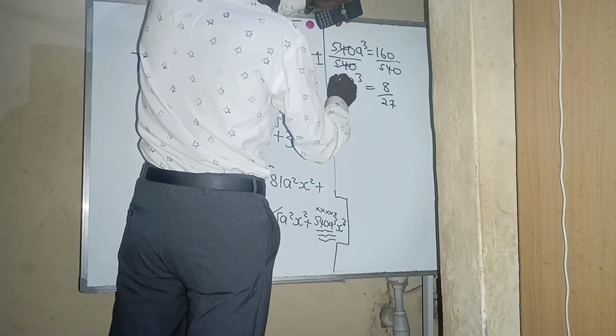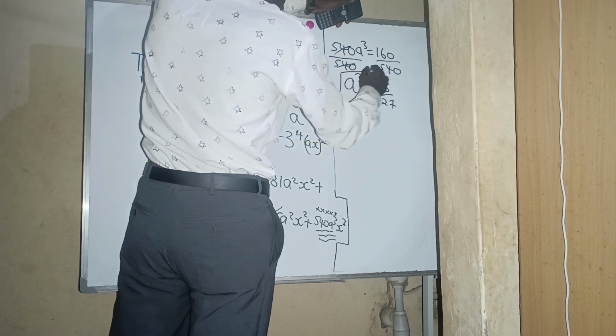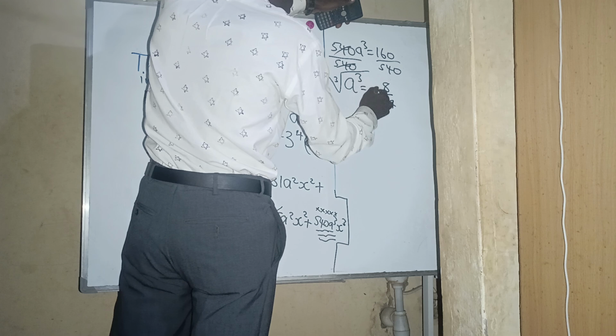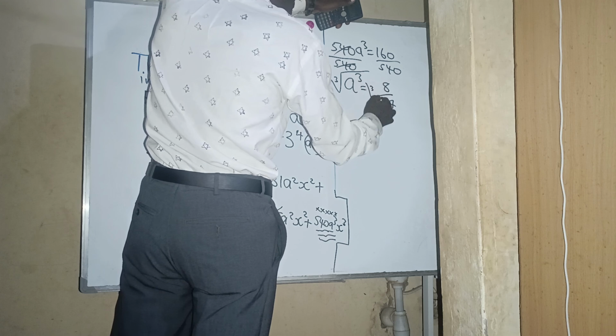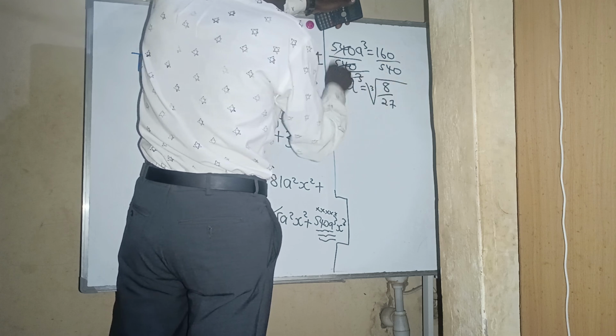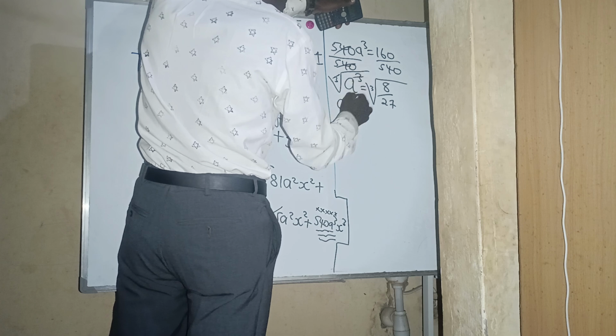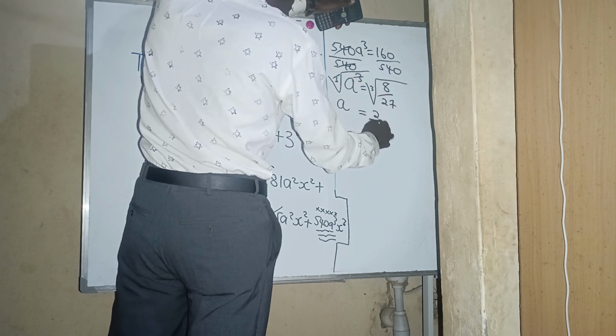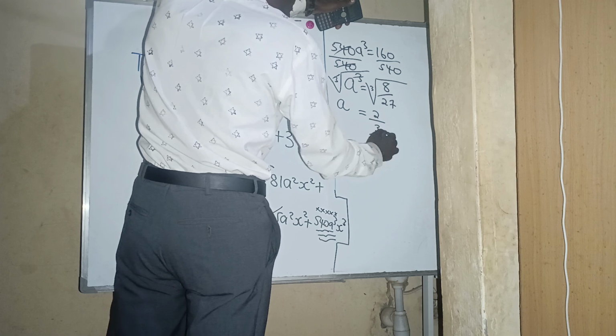So I'm going to get the cube root on both sides so that I can get the exact value of a. So the cube root of a cubed is just a, the cube root of 8 is 2, and the cube root of 27 is 3. So that becomes the value of a.